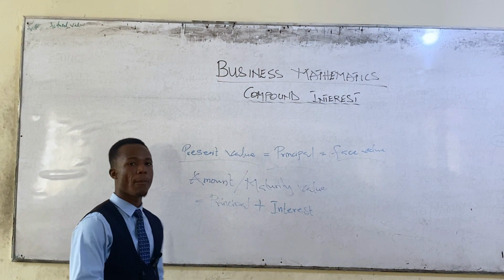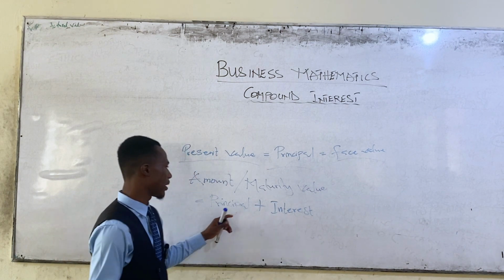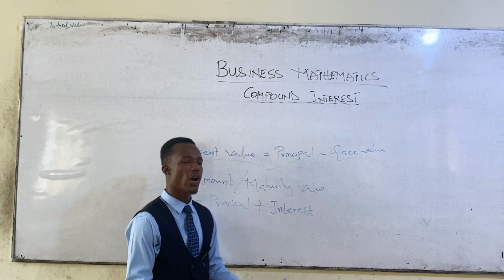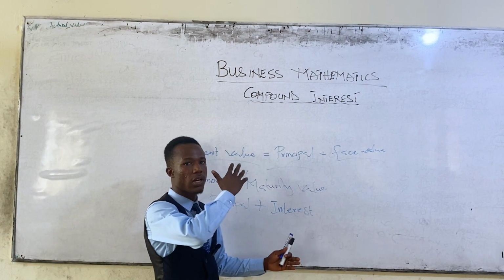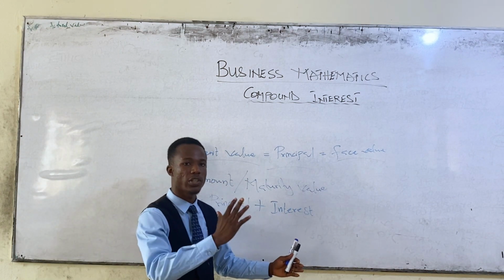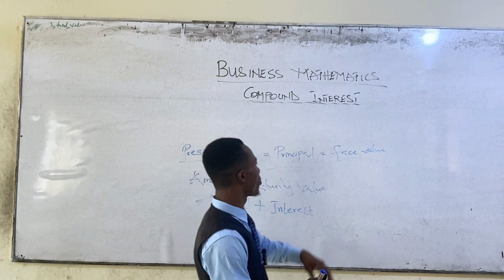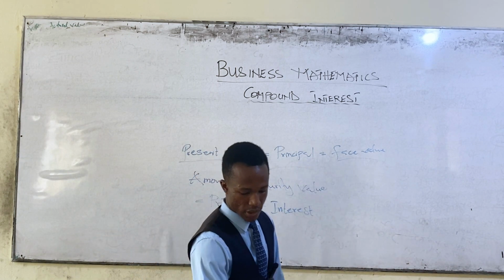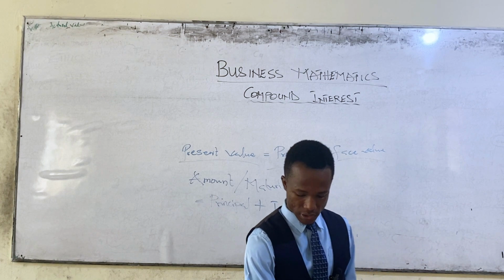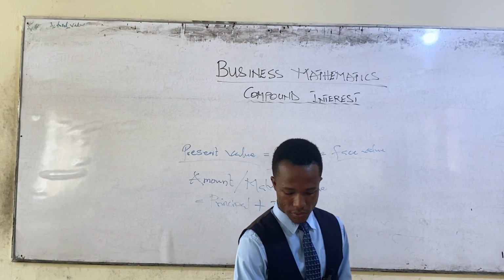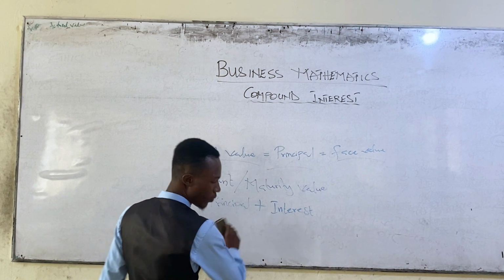And if you need the compounded value, that is the same as the maturity value. That is when you add all the interest from the years plus the principal. So once we start solving some questions, I know you will get it very well.